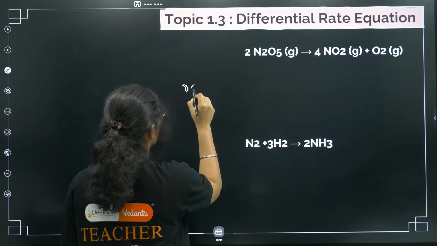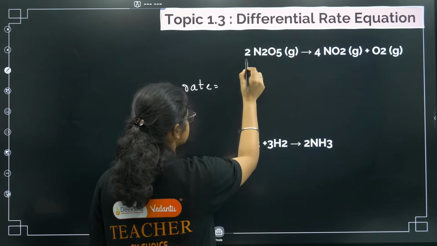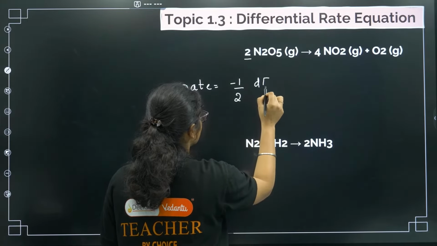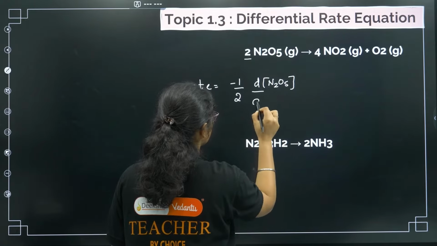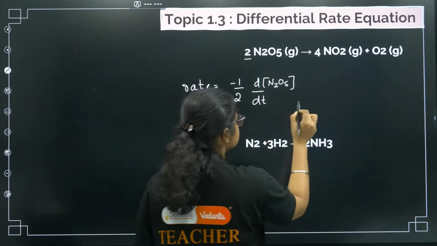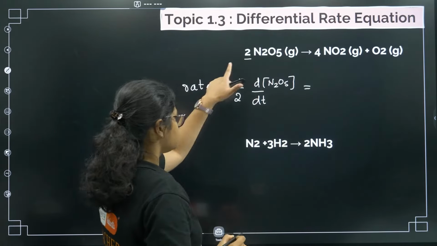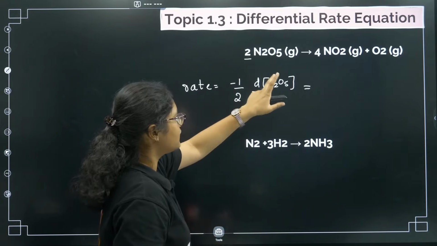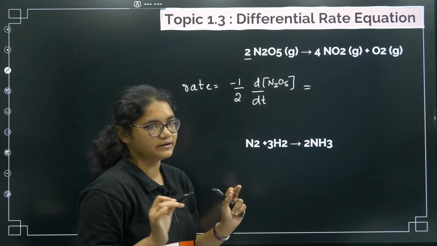So rate is equal to minus 1 by 2 d of N2O5 by dt. This is a reactant, so I will use a negative sign here. The stoichiometric coefficient will come in the denominator, 1 by 2, and d, that is change in concentration of N2O5 divided by change in time.